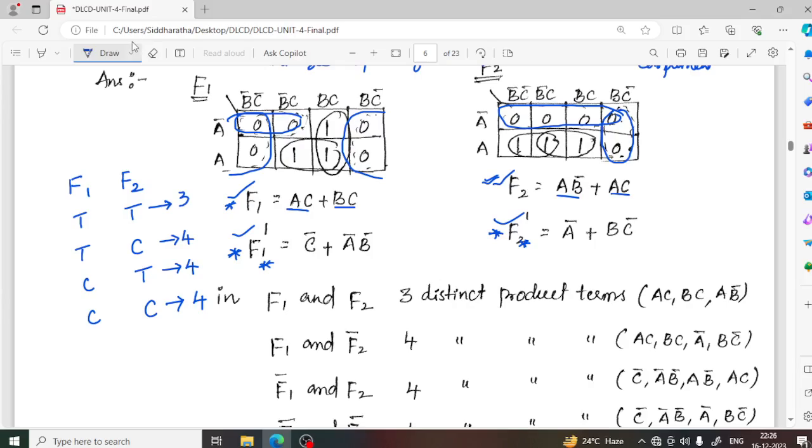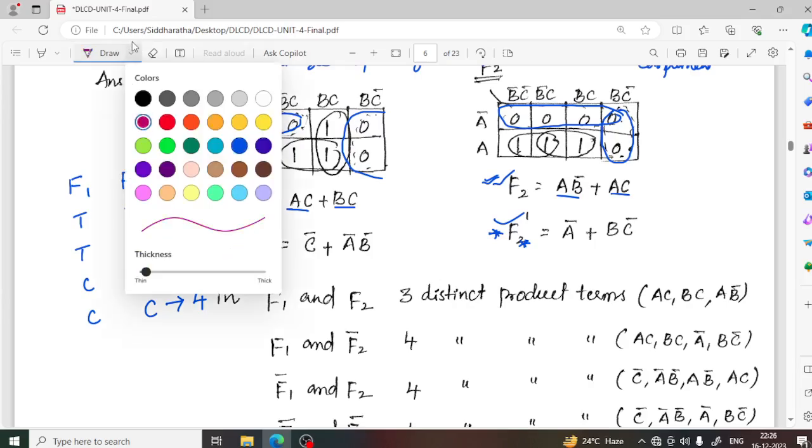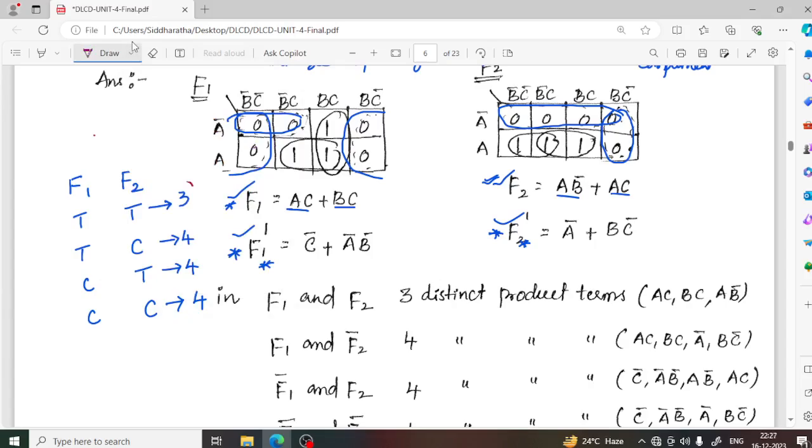In which choice do we have the least number of distinct product terms? F1 taken in true form, F2 also taken in true form. So list out the distinct product terms. What are they?